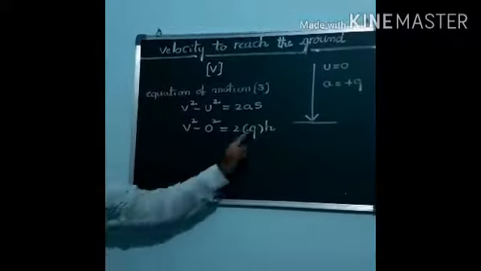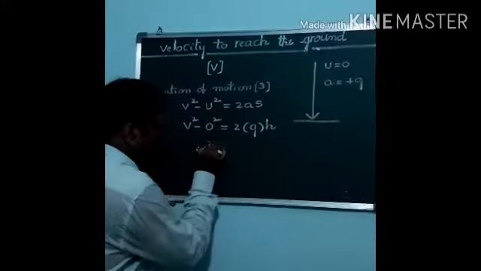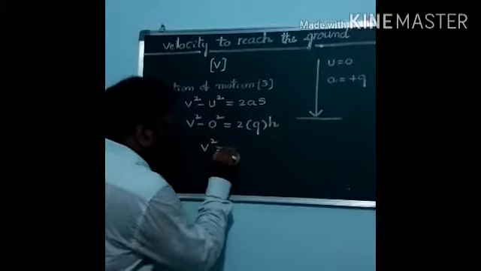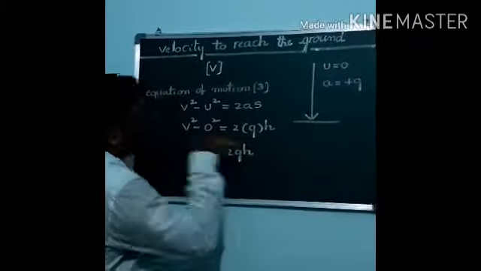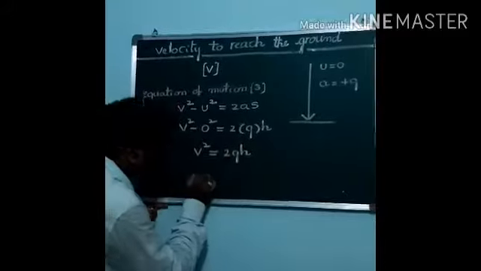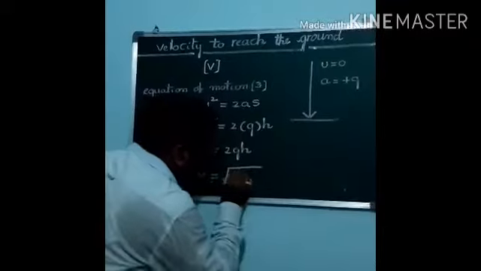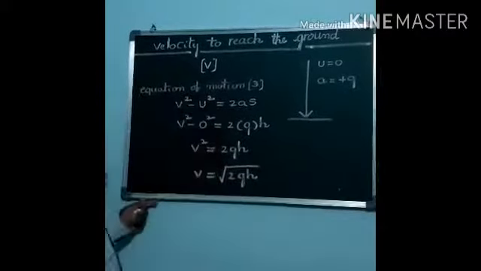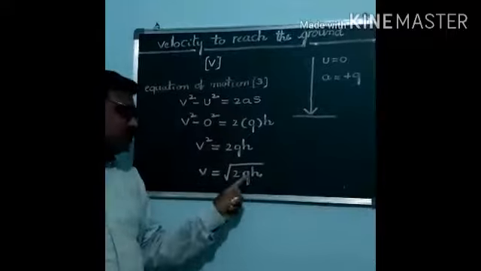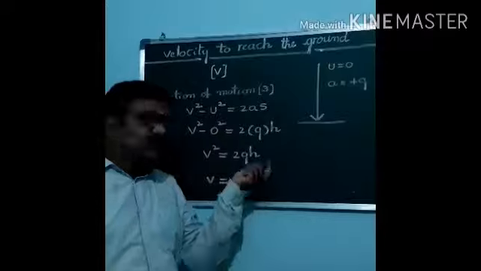So s is converted to h, and v square equals 2gh, and v equals the square root of 2gh. g means acceleration due to gravity, or gravity of Earth. h means height.